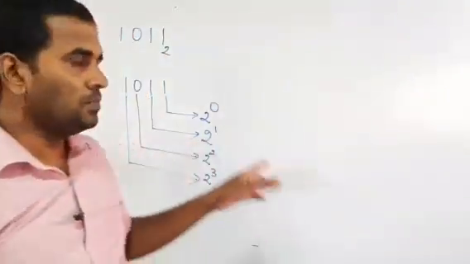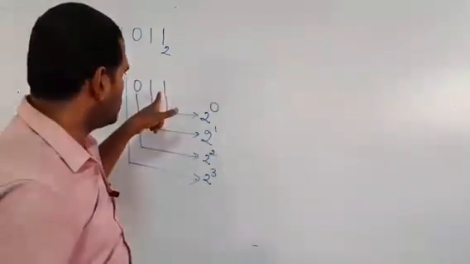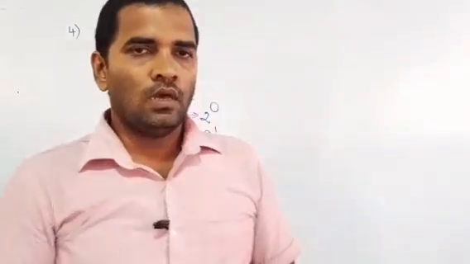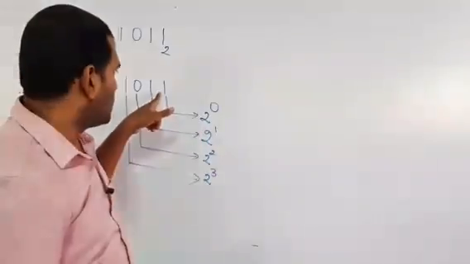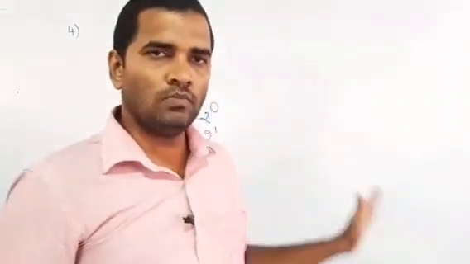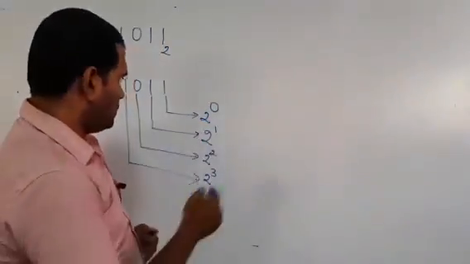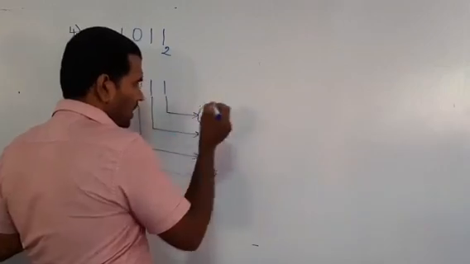This is important. It must be the first step in this conversion. You have to write each and every digit as a power of 2, because all these digits are in different places. We have to point out those positions, and after that you have to find out the values.